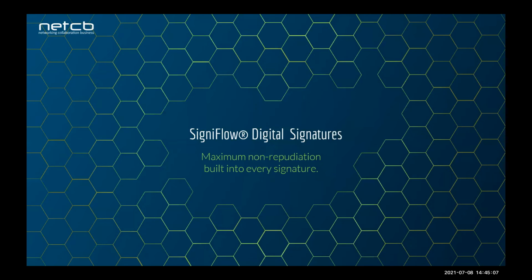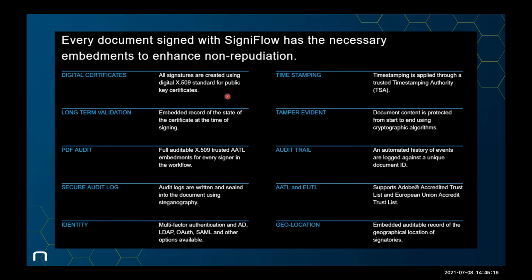So at the end of the day, Sunnyflow gives us that maximum non-repudiation built into each and every signature, okay? Now, the following components are placed inside every signature that we sign with a signing flow document. We first of all have a digital certificate. There's a long-term validation record that's embedded and will last for a very, very long time on the document.